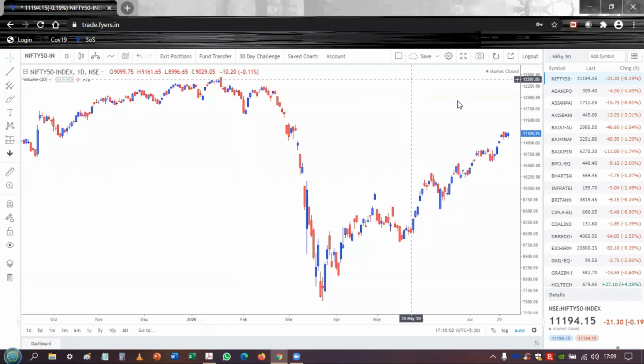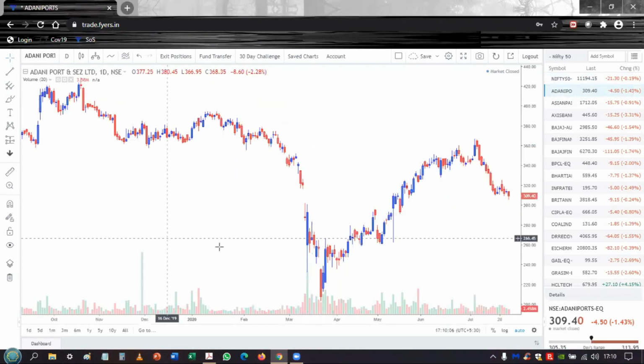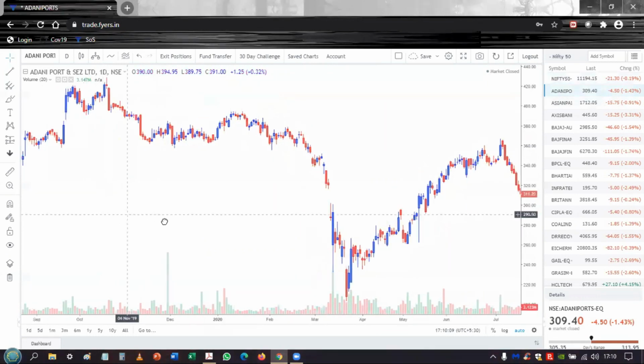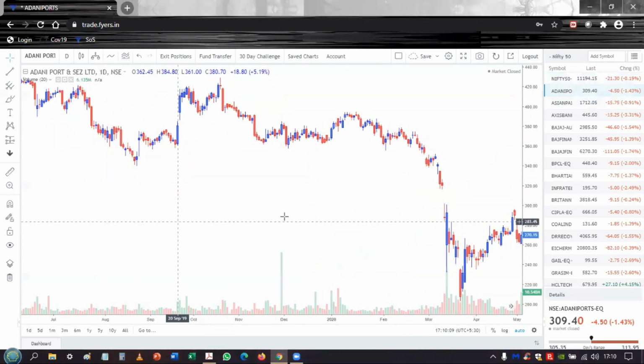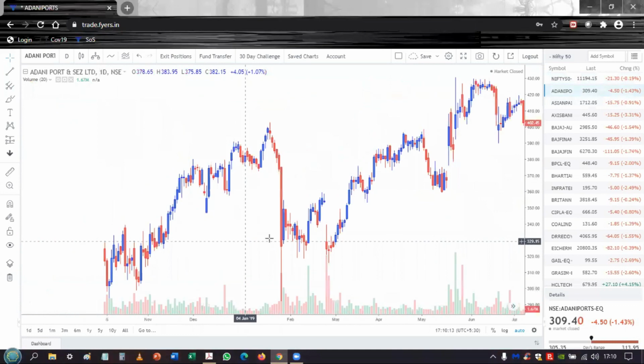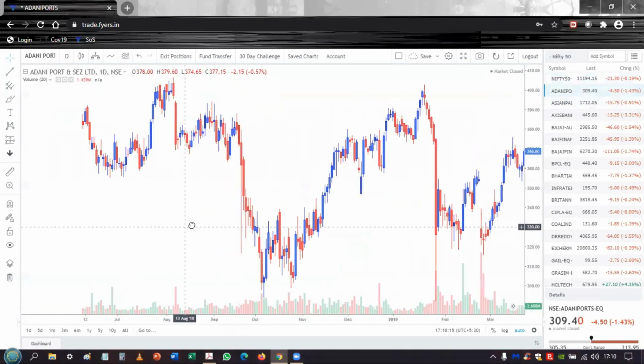So let us say I'm in the Nifty 50 universe. Let me randomly pick out a chart. This is a daily chart of Adani Ports. Let us randomly go back to see if a particular pattern is forming.